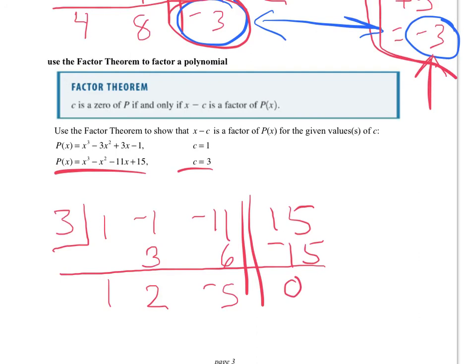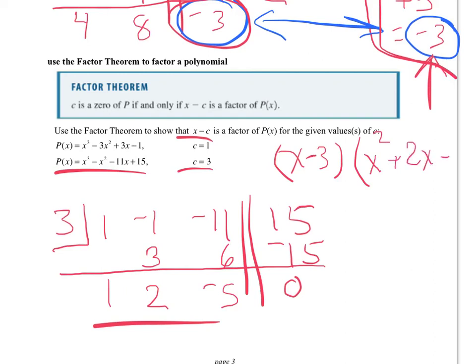So now we have, let's just take this a step further. We only wanted to show that x minus c is a factor, so x minus 3 is a factor. And the other factor is, these are the coefficients, this x squared plus 2x minus 5. Now I don't think we can factor x squared plus 2x minus 5.